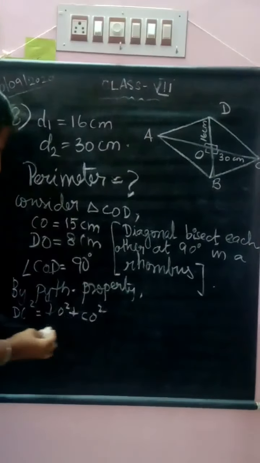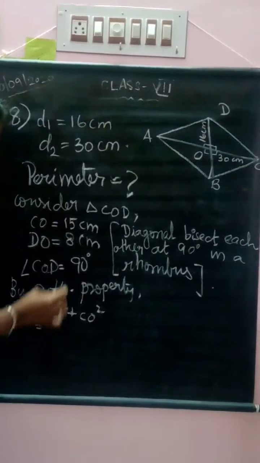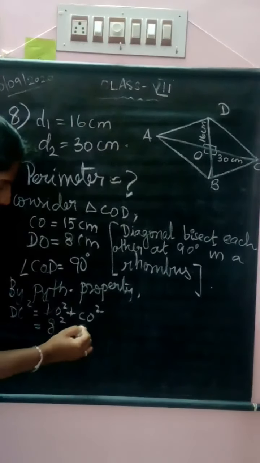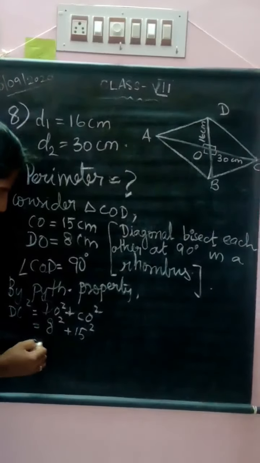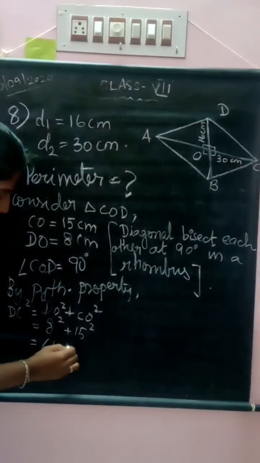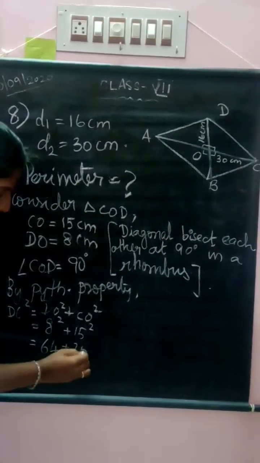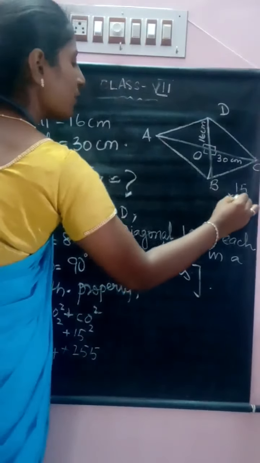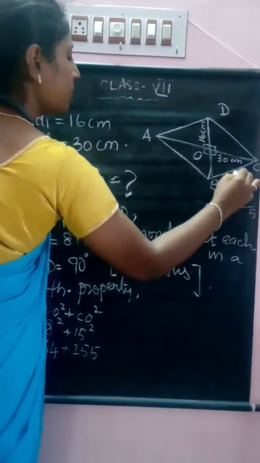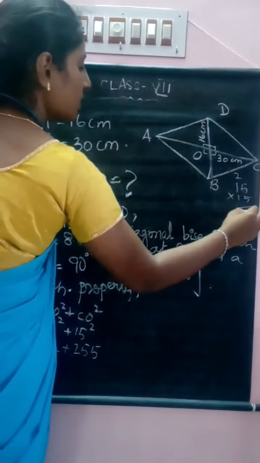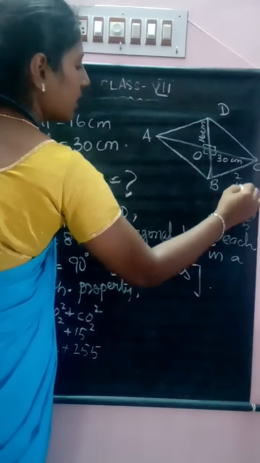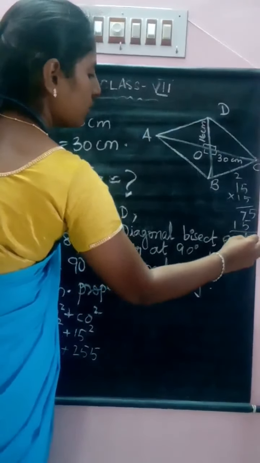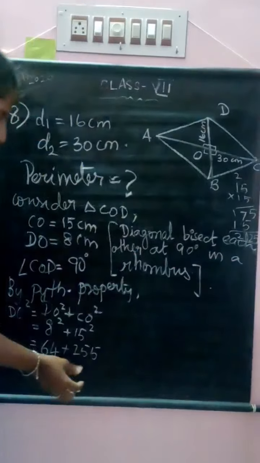Now we don't know what is DC, but DO is 8 and the CO is 15. So 8 8s are 64 and 15 into 15 is 225. You can check it. 15 into 15 is how much? 5 5s are 25, 5 ones are 5, 5 plus 2, 7. 1 5s are 5 and 1 ones are 1. 225.